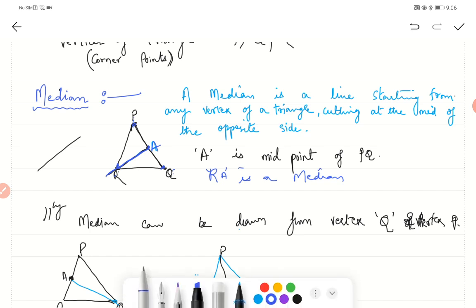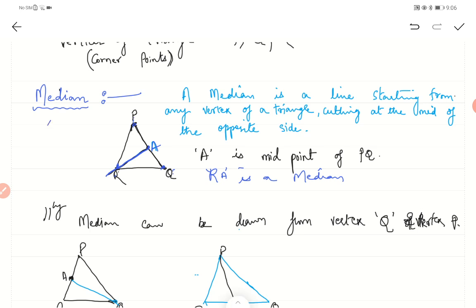What I told is it can be from any vertex. See, if this is my triangle, let me take PQR itself. If I draw a median from the vertex Q, my midpoint of RP is this. So this line is cutting at the midpoint of this RP, I will take this as B. My QB is a median.